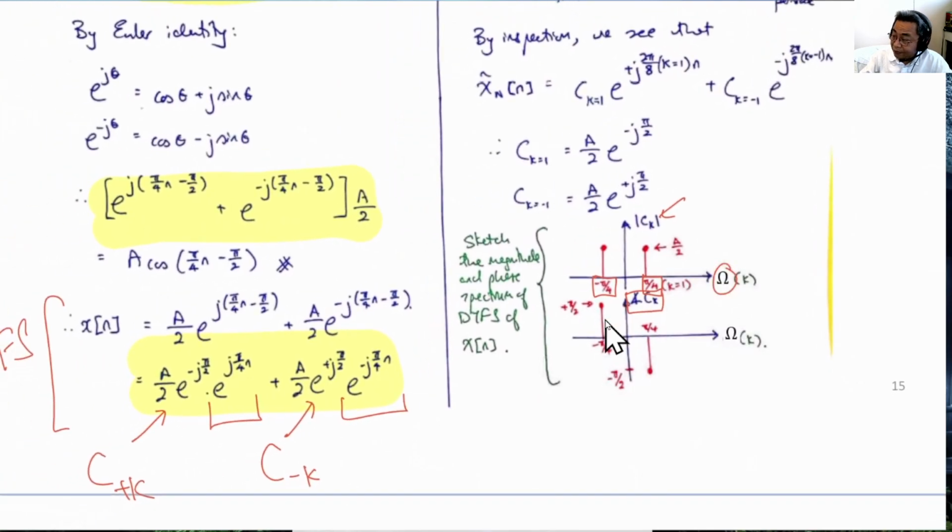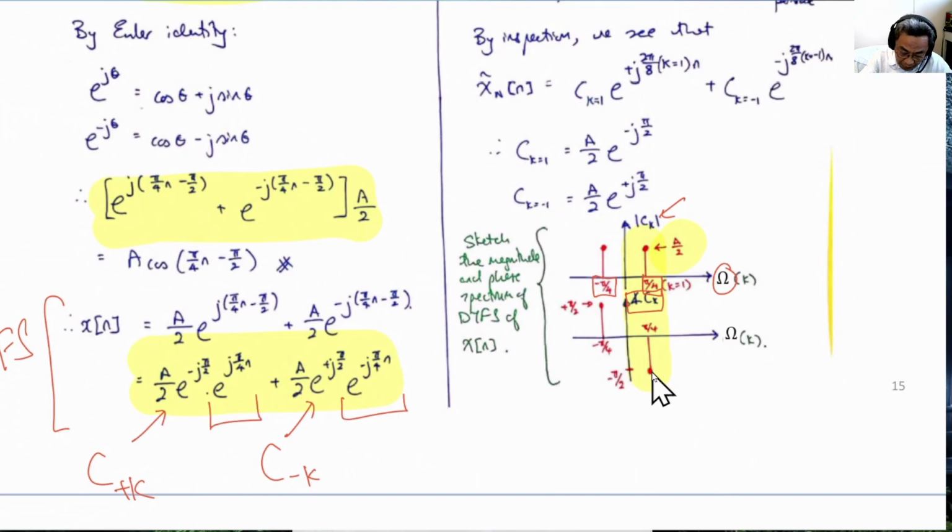So we have found the coefficient for positive pi over 4 as A over 2, so we have the magnitude A over 2 here. At this frequency pi over 4, we have minus pi over 2, so we have minus pi over 2 here. So these two lines are simply these two coefficients, A over 2 for magnitude and minus pi over 2 for the angle.